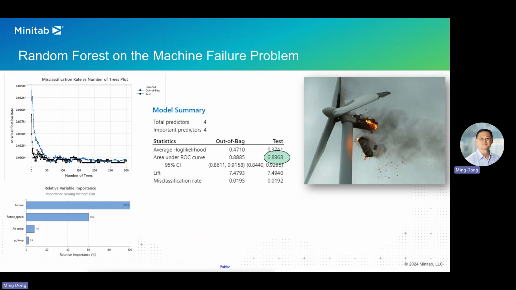Looking at the area under the ROC curve, it's now 80%. We also see the key drivers, torque and rotation speed, followed by air temperature. So torque and rotation speed are still the major key variables we need to pay attention to.